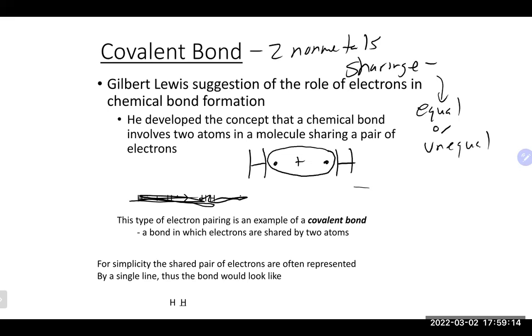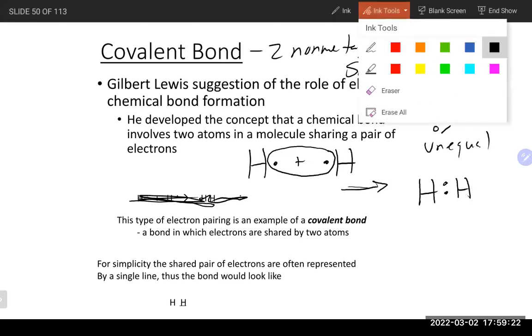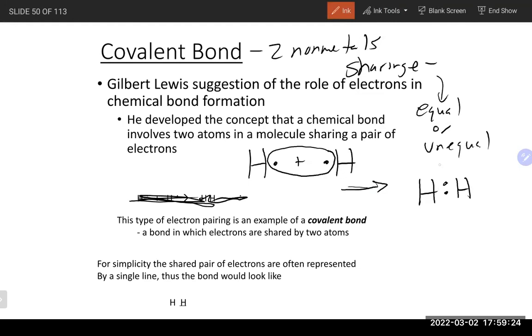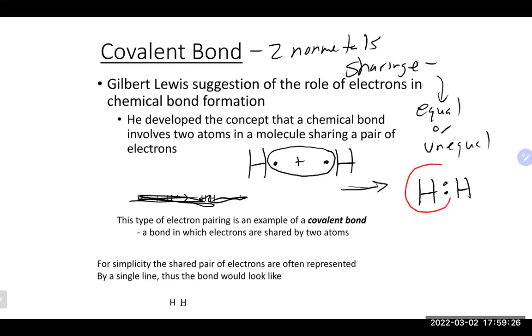The result is you could represent that with 2 dots in the middle of both hydrogens. The dots in the middle are the electrons that are being shared. The 2 electrons count for the guy on the left, and the 2 electrons count for the guy on the right. And by sharing electrons here, each of the hydrogens is able to hit 2 electrons.